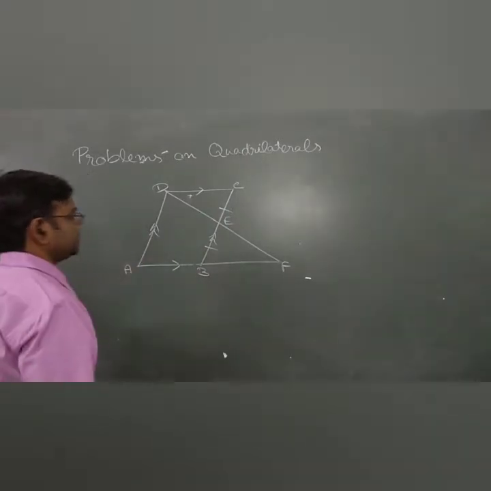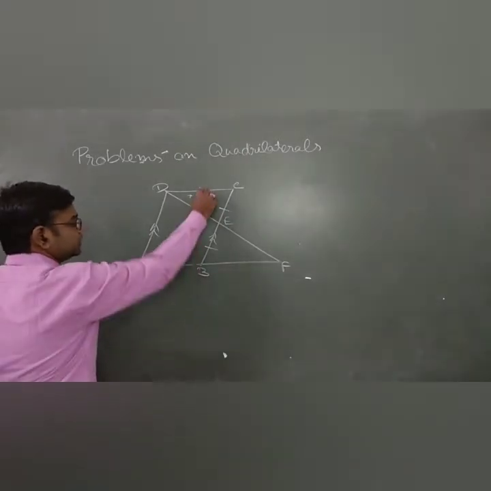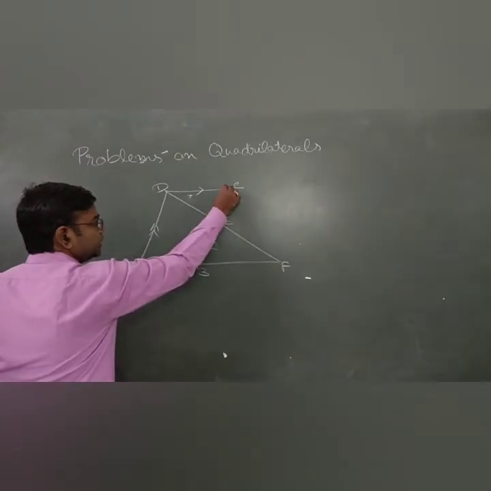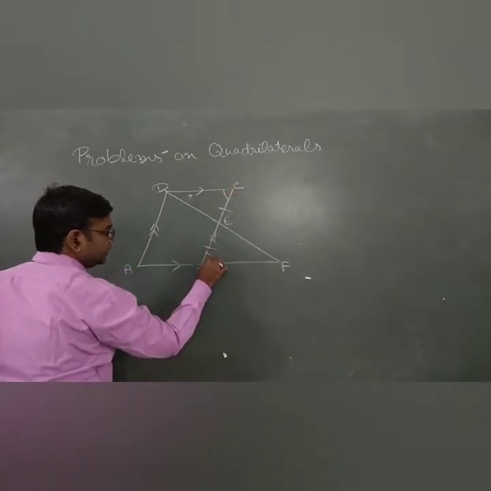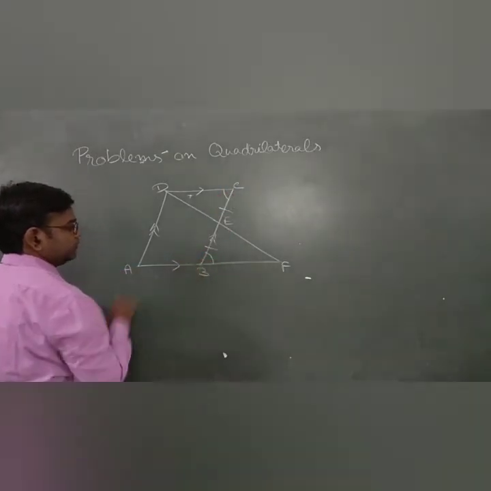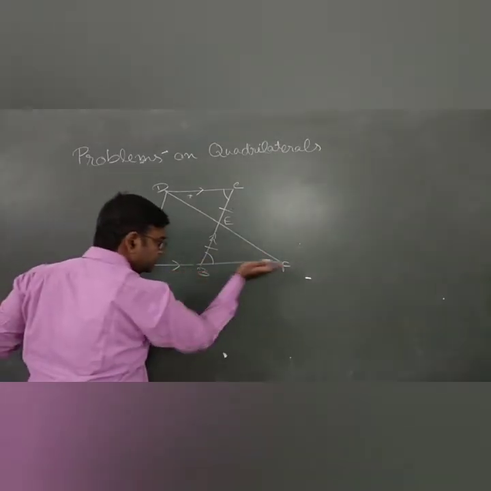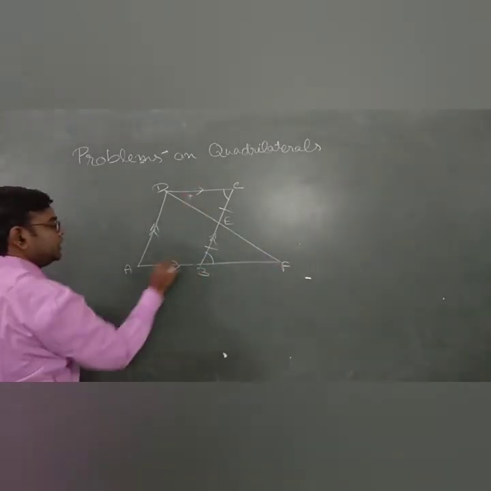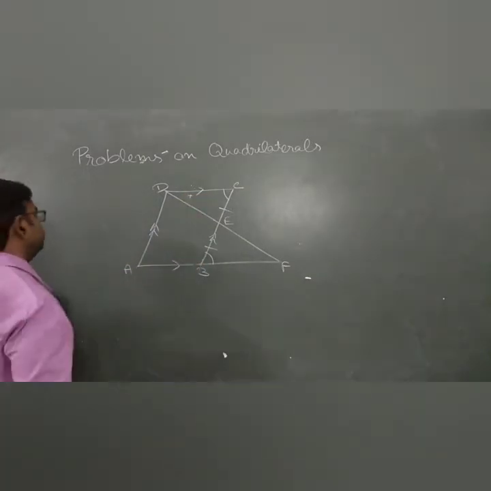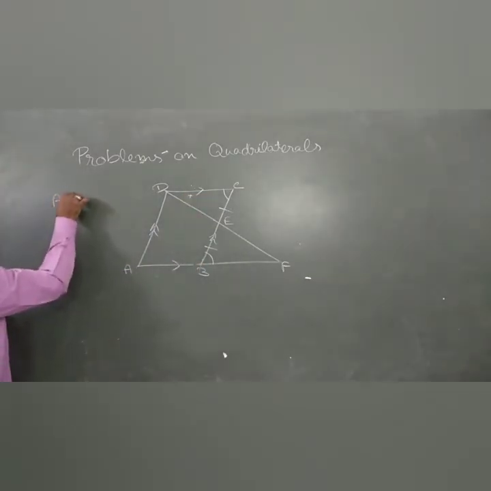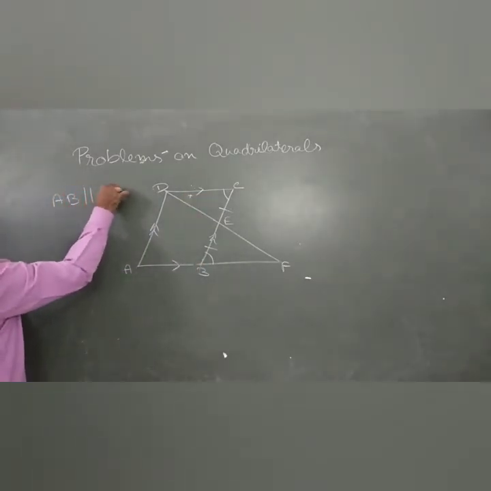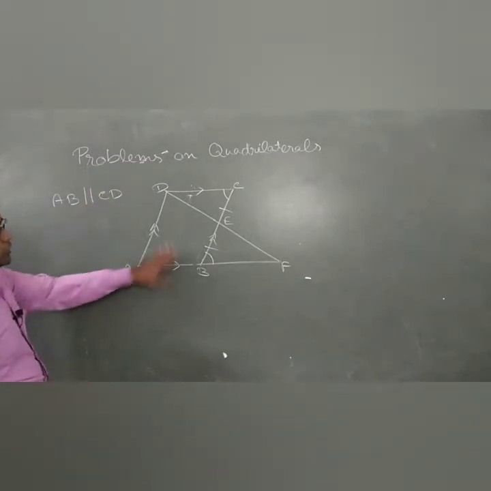In these two triangles, these two lines are parallel, so this angle and this angle are alternate interior angles, because if we produce line AB further, AB parallel to CD means AF is parallel to CD. I am writing over here AB parallel to CD, it is given in the question because it's a parallelogram.